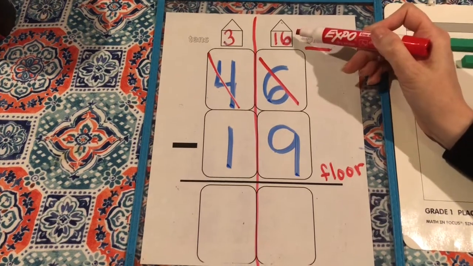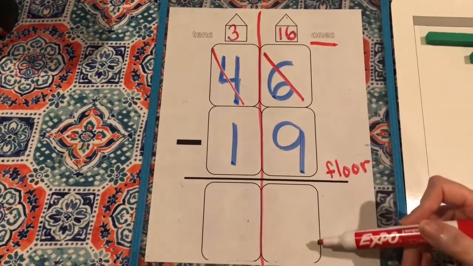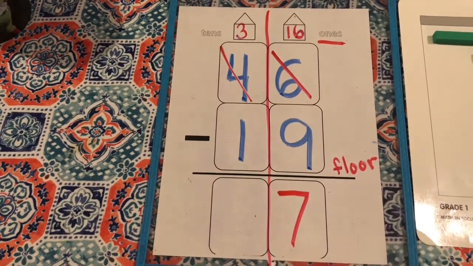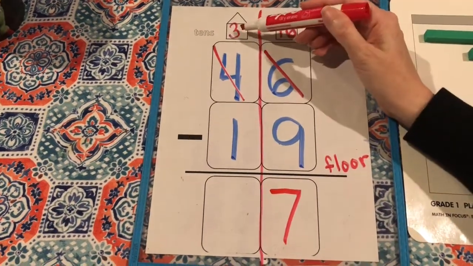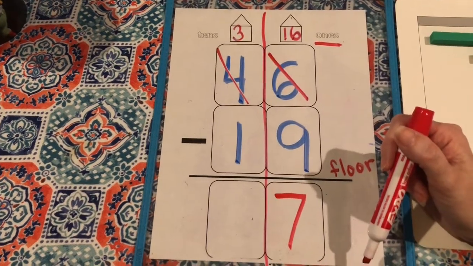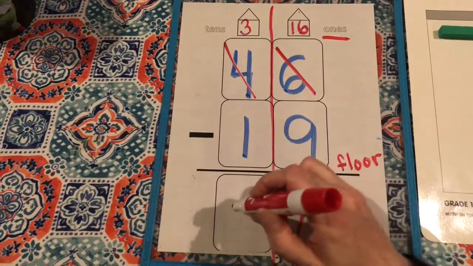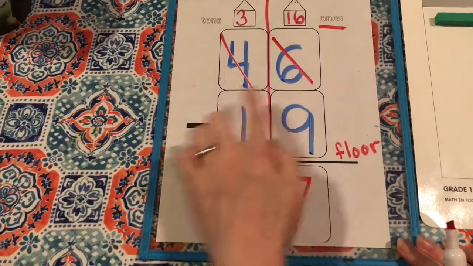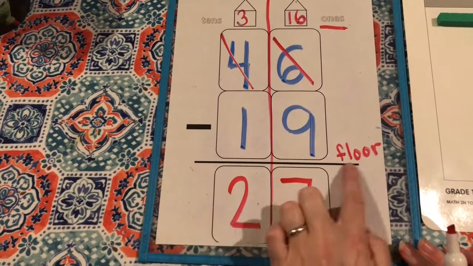Then you can subtract 16 minus 9. Did you get 7? Great job. And then we can subtract in our tens column 3 minus 1. 3 minus 1 equals 2. So 46 minus 19 equals 27.